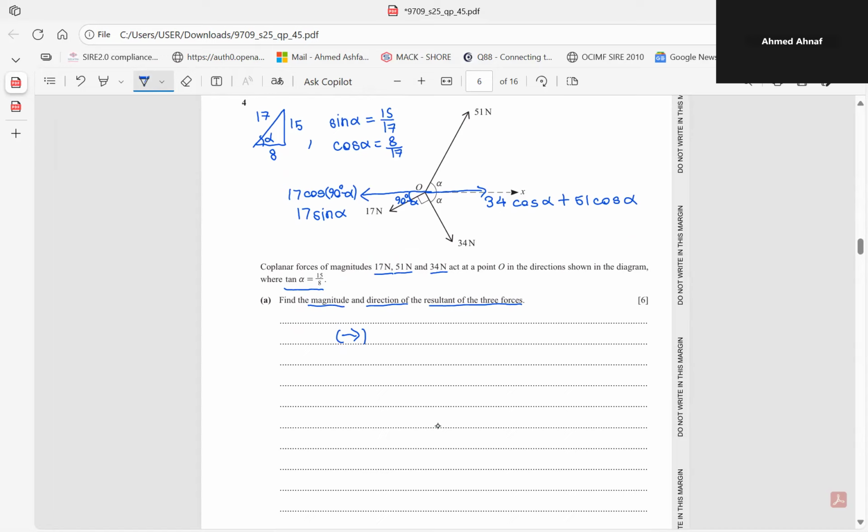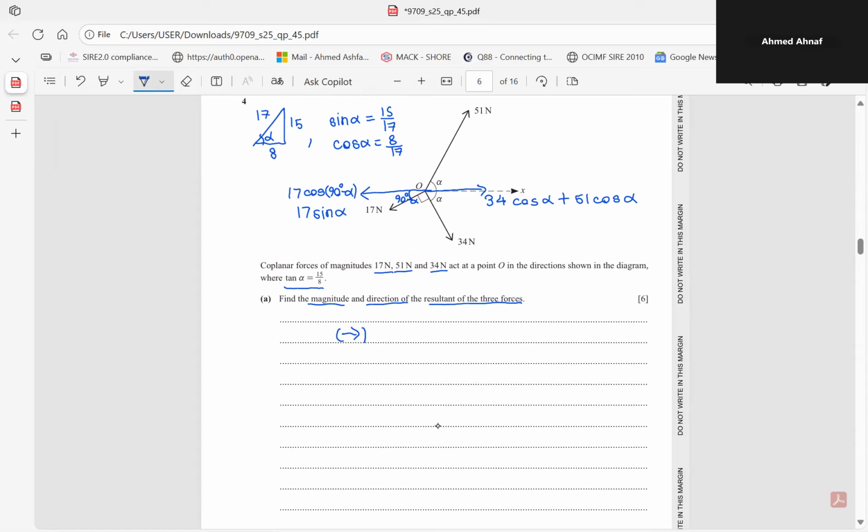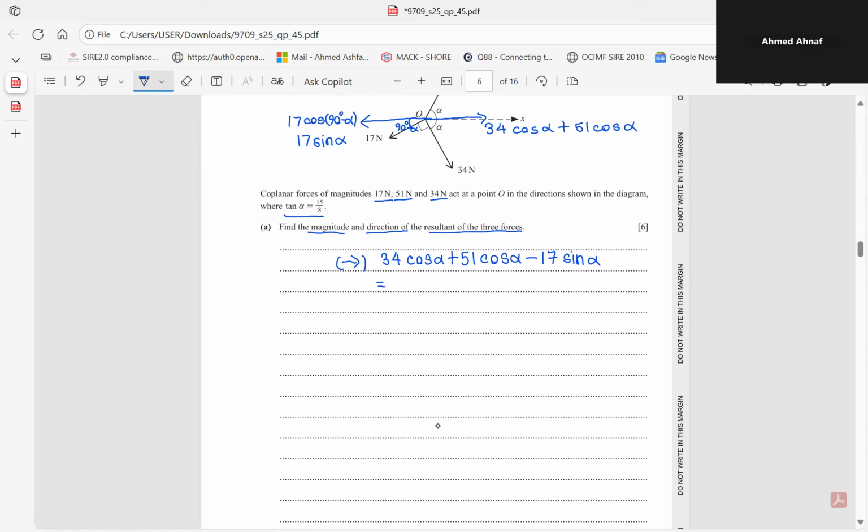So, yeah, let's take this as the bigger one. So 34 cosine alpha plus 51 cosine alpha minus 17 sine alpha. So 34 plus 51, that is 85 cosine alpha.